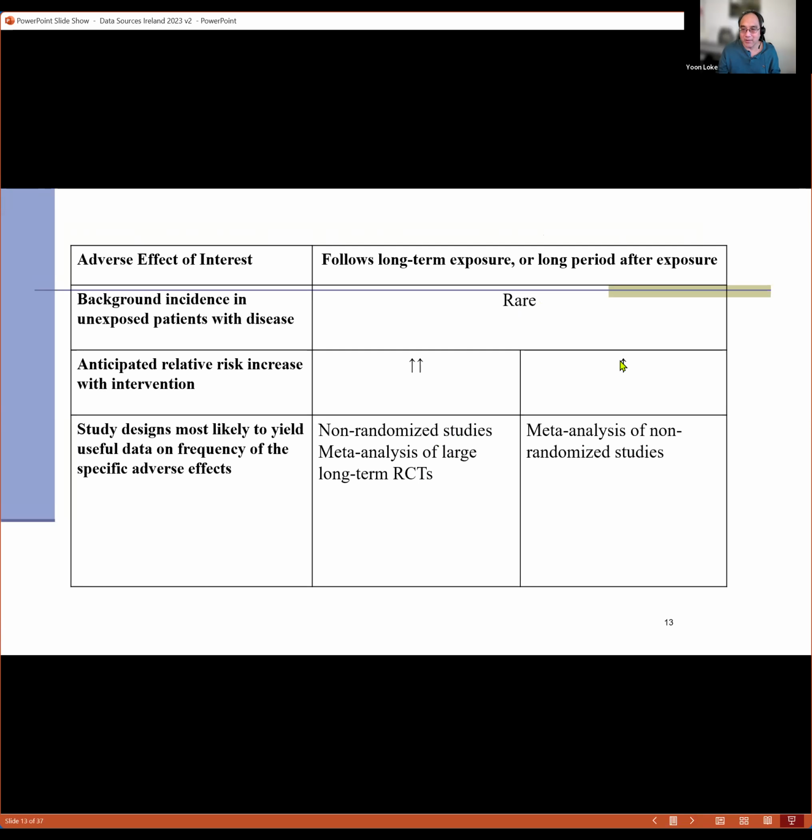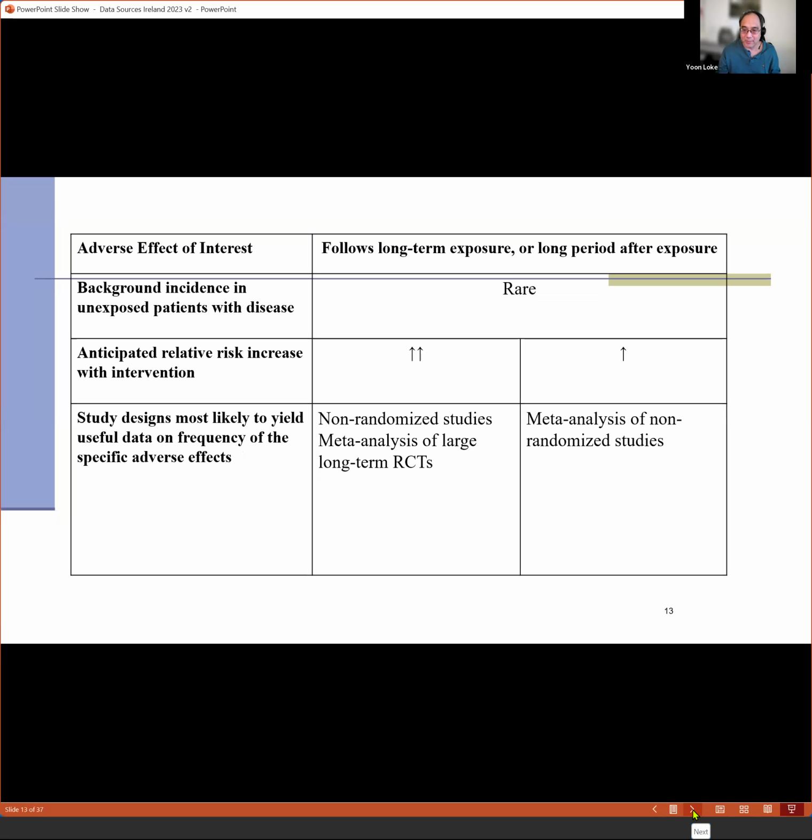And when you're into a rare long-term adverse event that takes 4 or 5 years to occur, then you may have to pull data from several non-randomized studies, particularly for unexpected and unknown ones, where you are always having to try and look back and see if anybody picked it up.